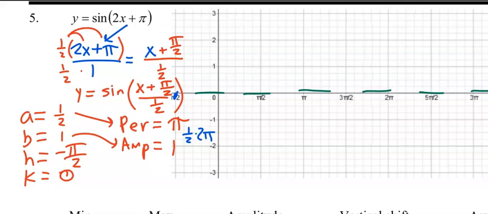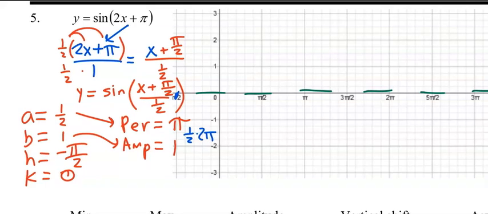So according to my scale, 1 pi would take me to here. It has to start and stop the cycle in that one in between. So there's the first point, the second point, the third point, the fourth point, and the fifth point, which many of you were getting. Good job.